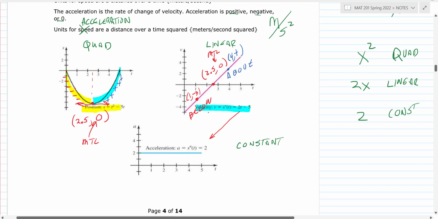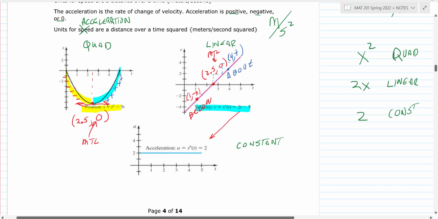And then what happens on this is the slope of the tangent line on the velocity is always constant. If you take any point on this linear velocity, and count out the slope, it is 2. It's kind of hard to see on here, but if you went up 2 over 1, you would be on the graph. So this has a constant slope of 2.